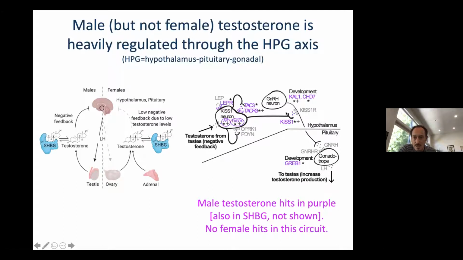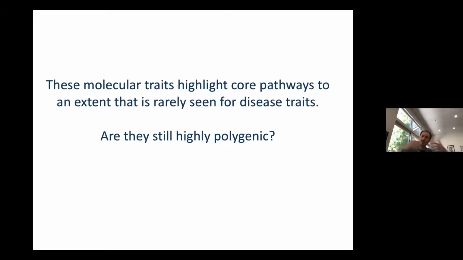That's in this upper part of the hypothalamus and pituitary pathway. We also see positive genetic correlations between luteinizing hormone and testosterone production. And I'm not showing it here, but again, we see these strong signals from SHBG. And in contrast, none of these genes are hits in females. So we think that together, that helps to explain these sex differences.